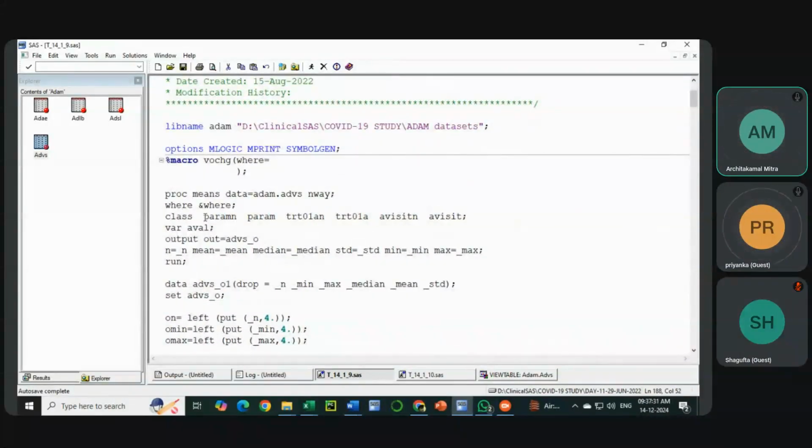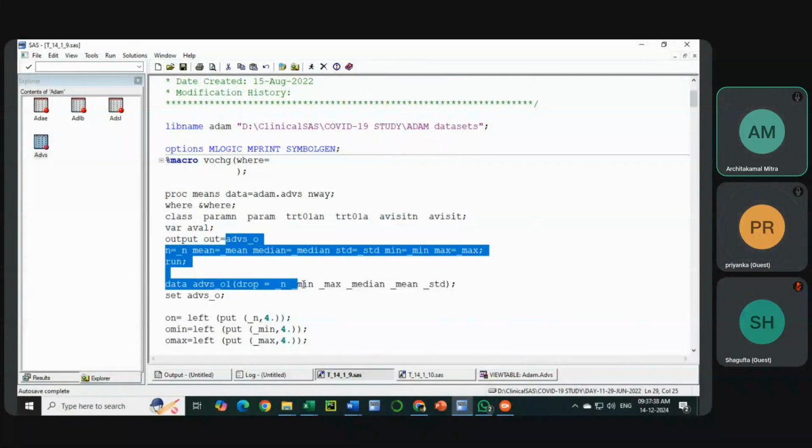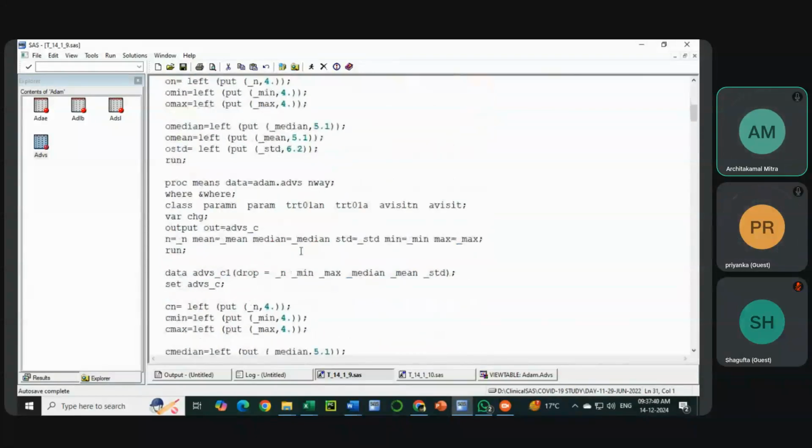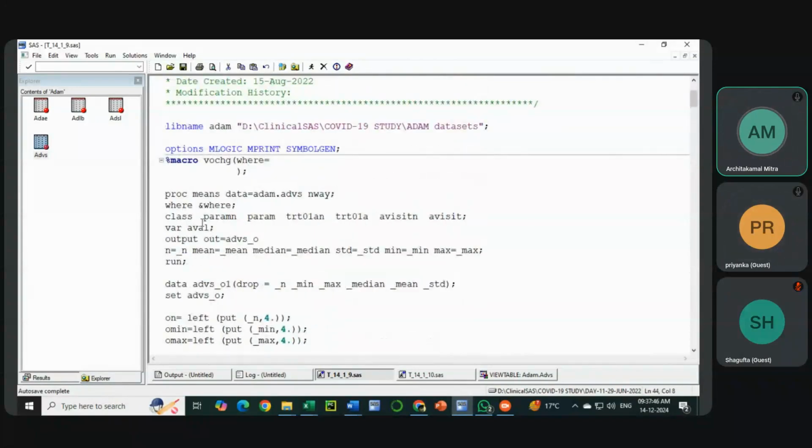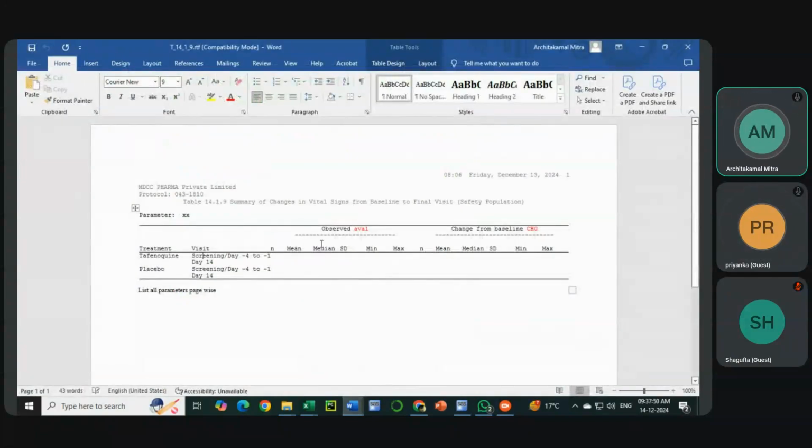Where class param, paramn, all these we have taken by treatment and visit and every variable. Again, we have done proc means for the change. See, PDVS ampersand where, the variable is change, and at the top the variable is given. Because we need two differences: one the observed, and one the change from baseline.